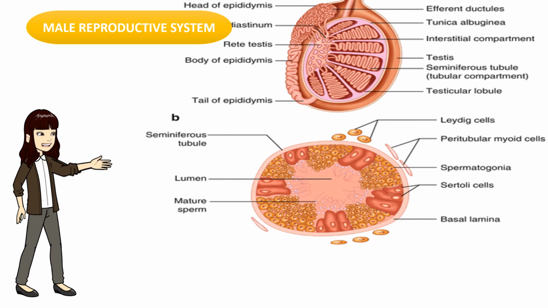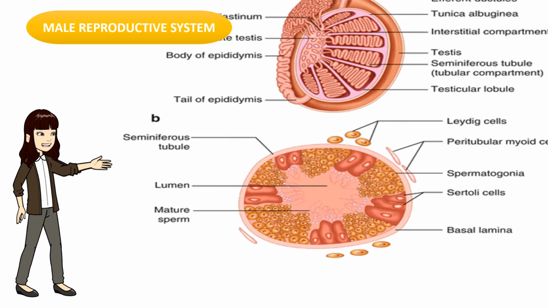These cells are male germ cells, also called spermatogonia, and Sertoli cells, also called nursing cells. The male germ cells undergo meiotic division and finally form sperms, whereas Sertoli cells provide nutrition to germ cells. That's why they are called nursing cells.